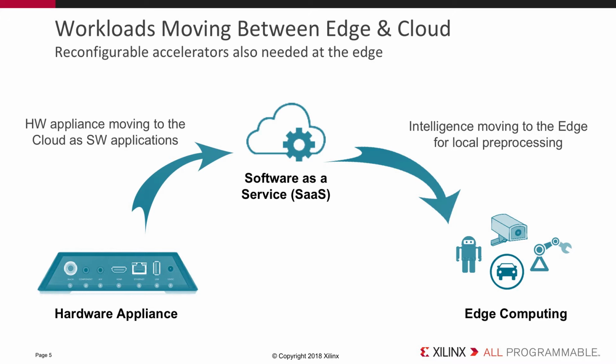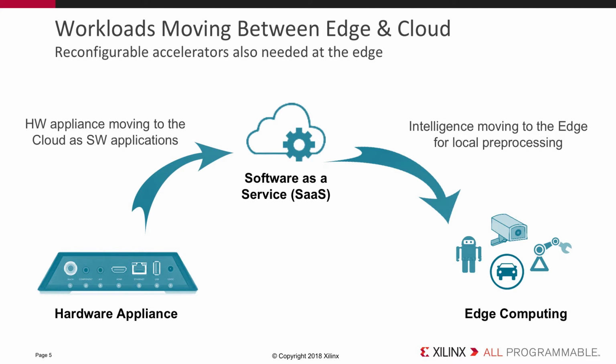For example, for camera surveillance, it totally moved from the cloud to the edge, but then streaming the video all the time, 24/7, to the cloud didn't make too much sense. So now there is some pre-processing happening at the edge, and only the clips that are meaningful are streamed to the cloud.